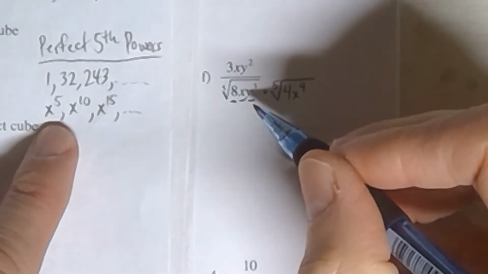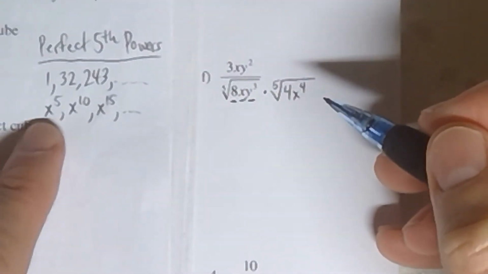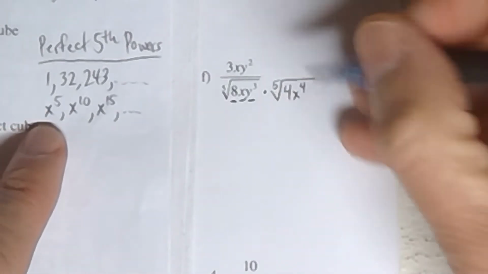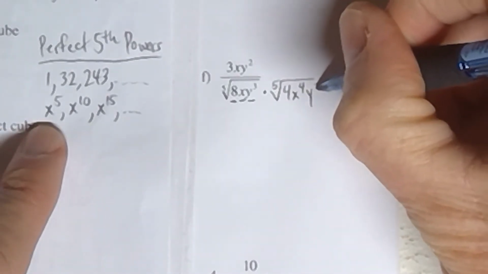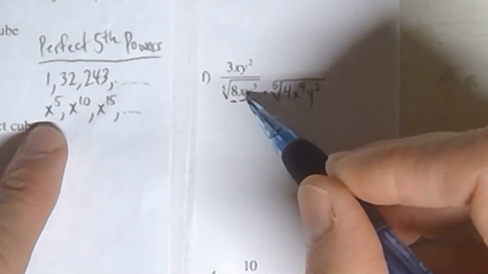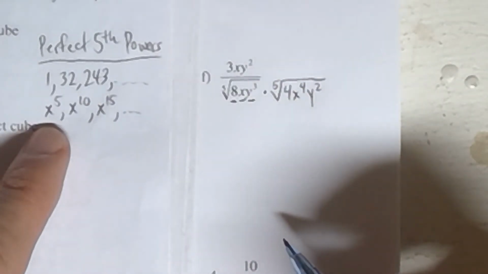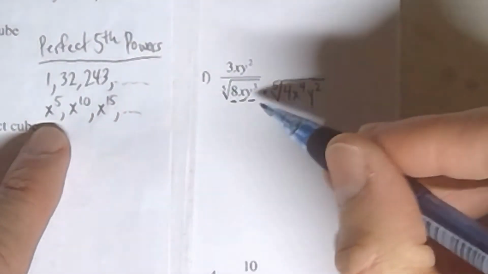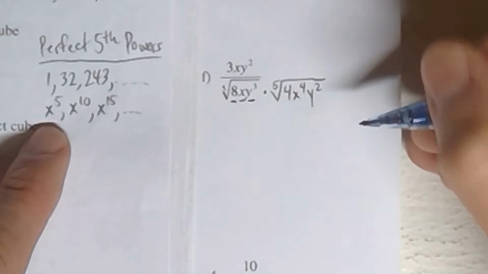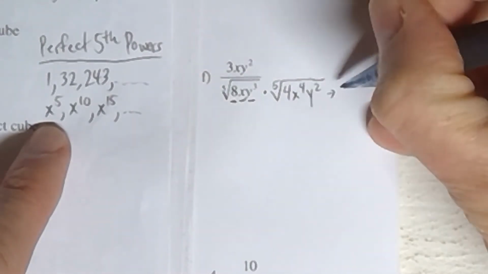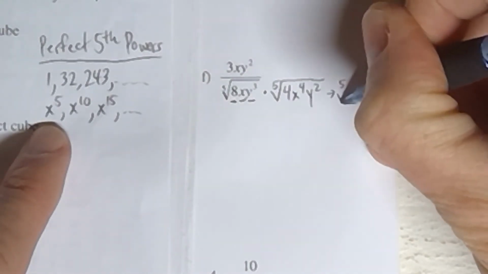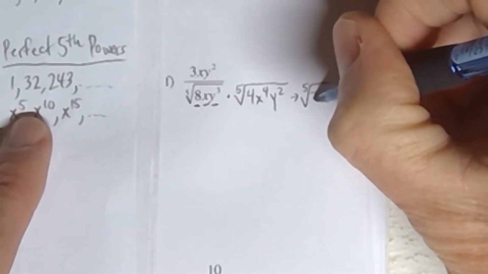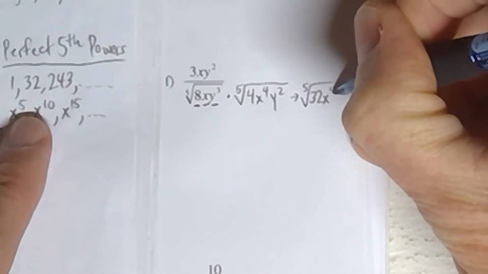And then y to the third times what is going to be equal to one of these, assuming that these are y's now. Well, wouldn't y to the third times y squared give you y to the fifth right here? Same exponent. Can be different letters as long as it's the same exponent. And so this is the thing that you multiply by, and it's going to be equal to what? Let's take a look. This is going to be equal to the fifth root of 32x^5y^5.